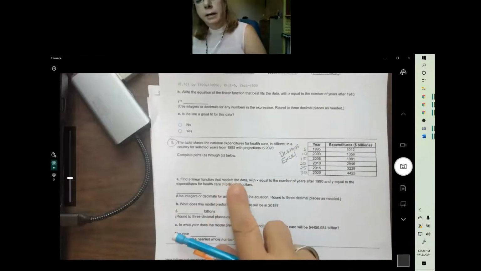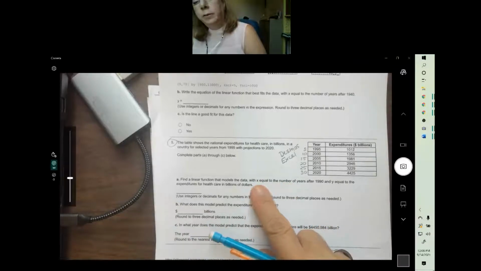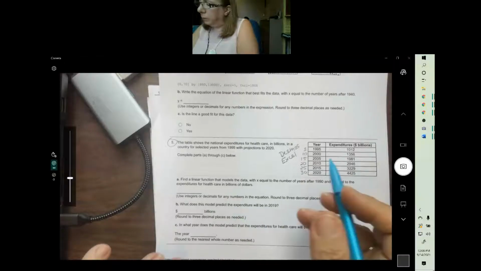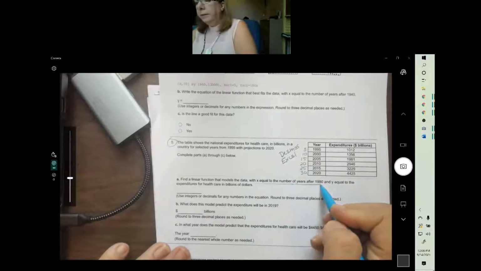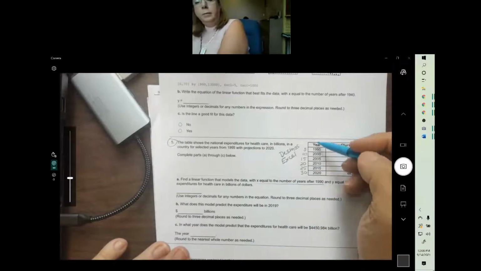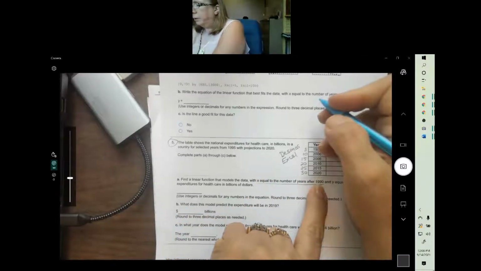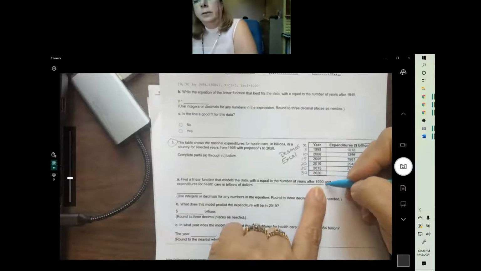You want to read, notice it says X is equal to the number of years after 1990. This is what we're looking for. So X isn't the year, it's the number of years after 1990. So to find X, you need to subtract 1990.